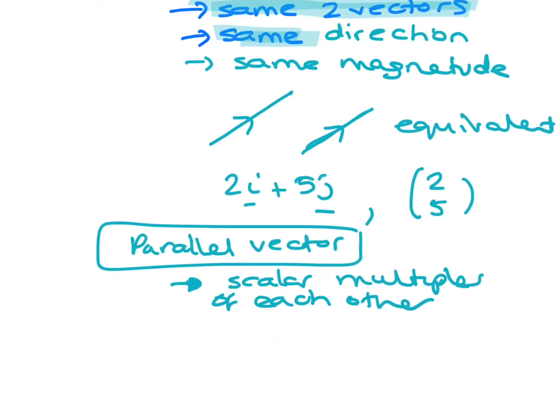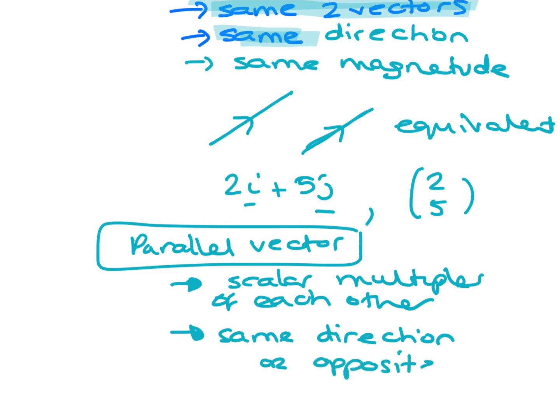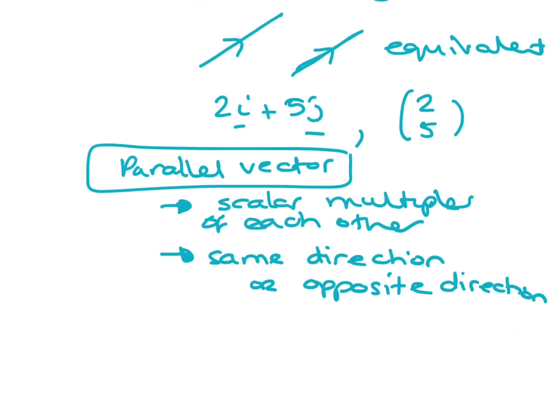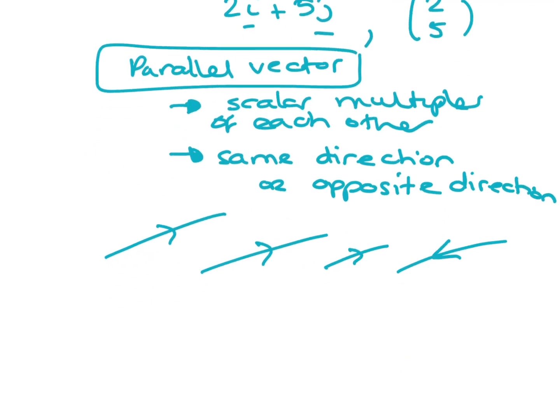They can be in the same direction or in the opposite direction. But they're going to be sloping at the same angle, as you would think parallel lines would be. They can be different sizes and they can be in opposite directions.